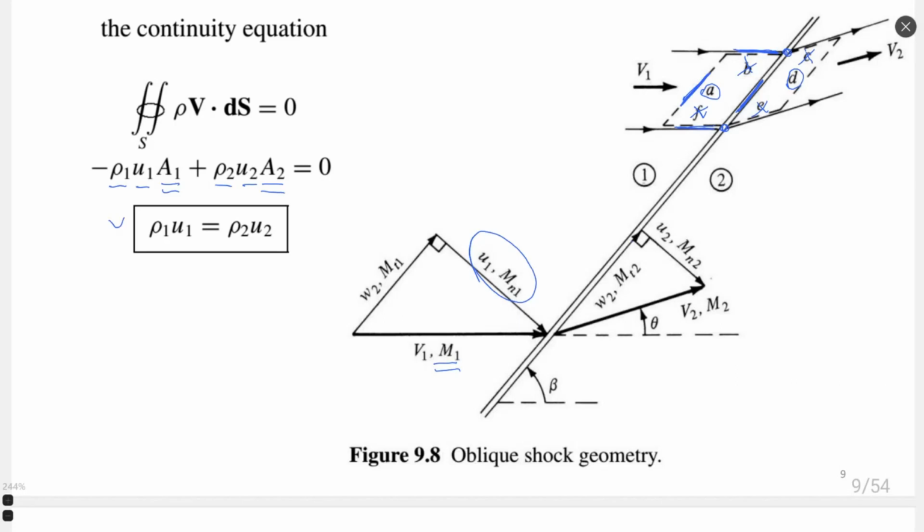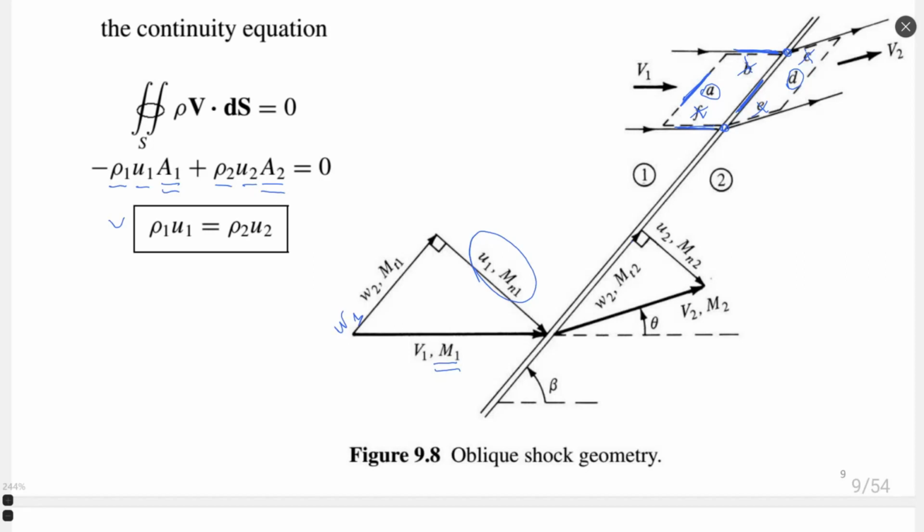And we have also a parallel component to the shock wave, which is W2. It must not be W2, okay, it must be W1 probably. W1, and as we will see analyzing the momentum equation, W1 is equal to W2.